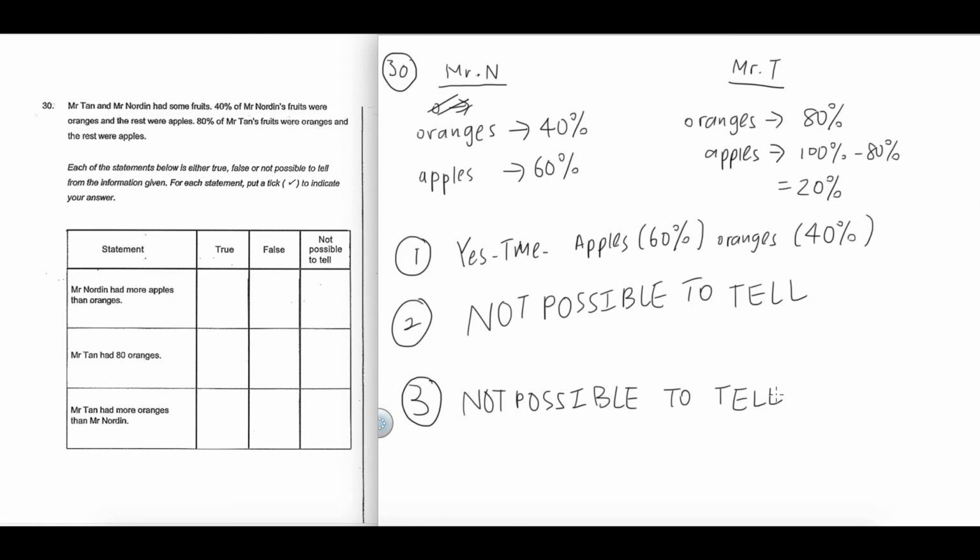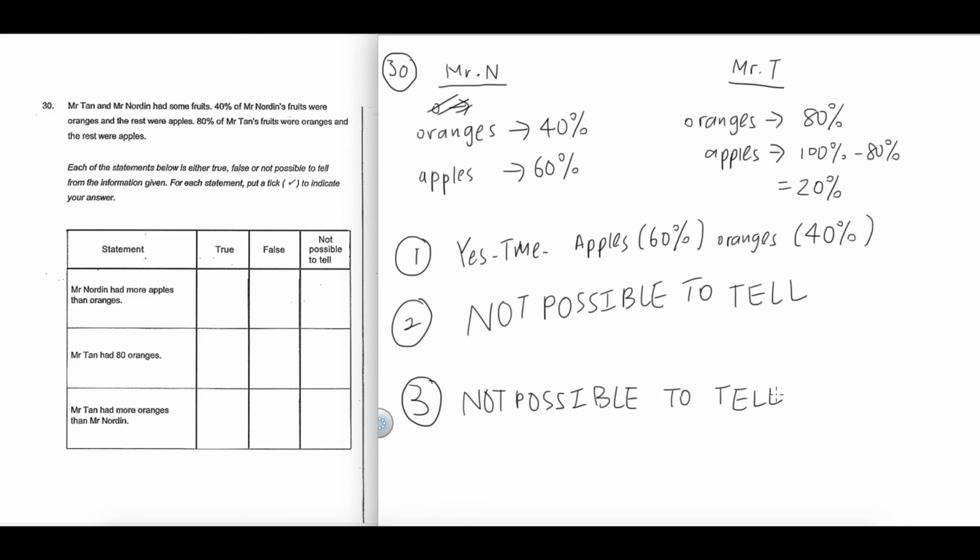So since I do not have the total, I don't know the exact value. I cannot compare. Alright? What I have is only a percentage, and a percentage can mean a lot of things. Okay? Mr. N's total can be 1,000 fruits. Mr. T's total can be only 100. Then things will be quite confusing and we need to calculate. So in this case, not possible to tell. Alright?